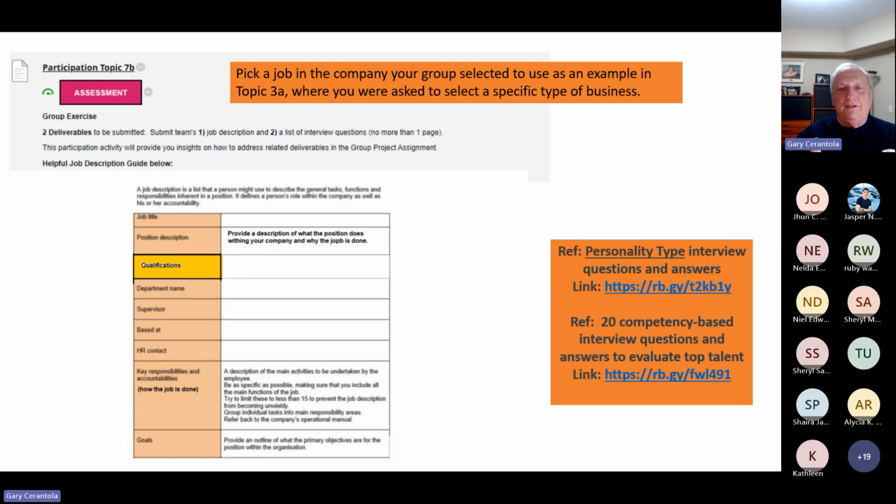And again, if you didn't quite do that in 3A, then put an assumption in for a particular business, and it could be an existing business for that matter. It's just to get you through this exercise.